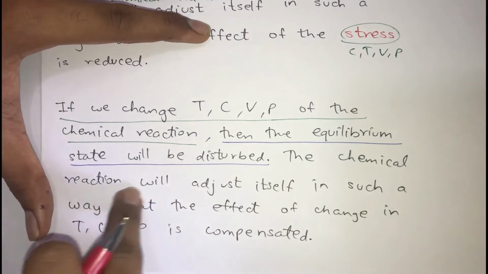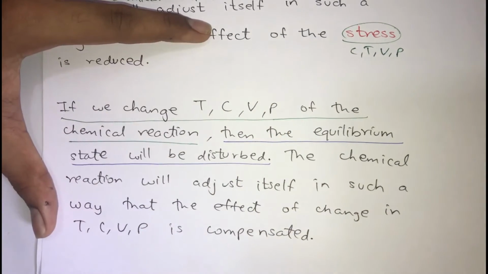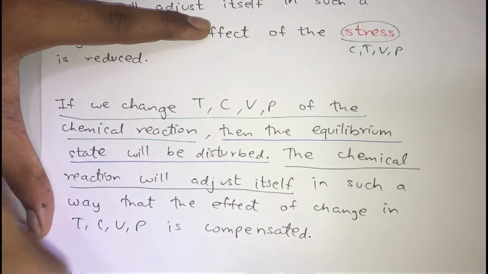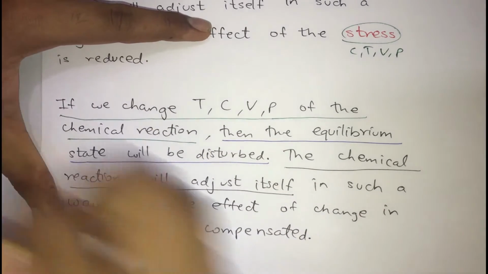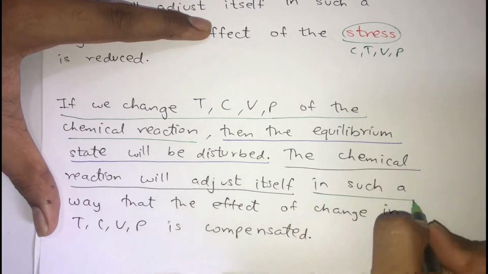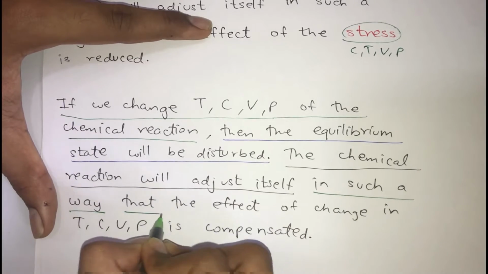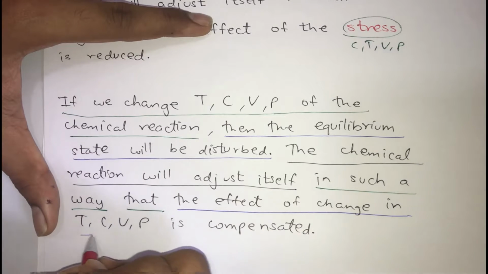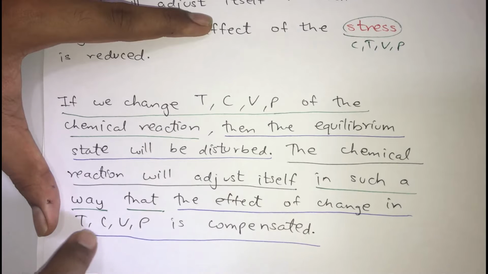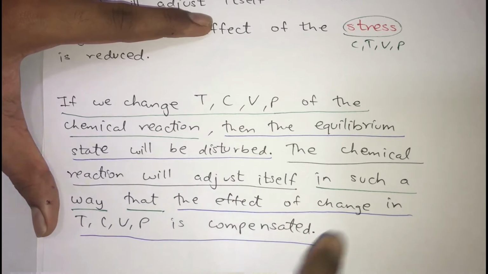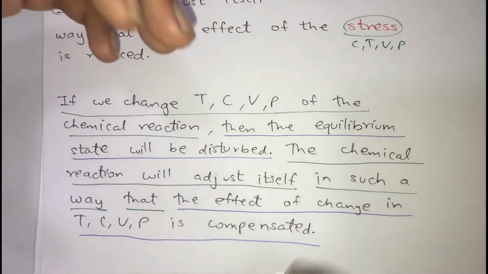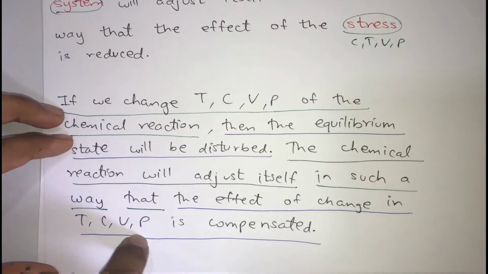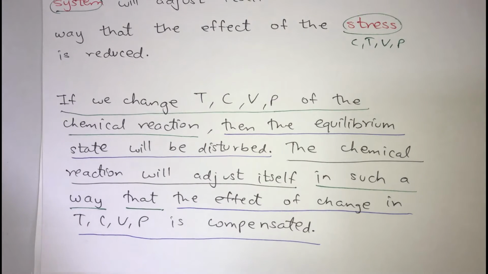The chemical reaction will adjust itself. And how is it going to adjust? It is going to adjust itself in such a way that the effect of the change in temperature, concentration, volume, and pressure is compensated. So the effect of change in these four parameters will be compensated.